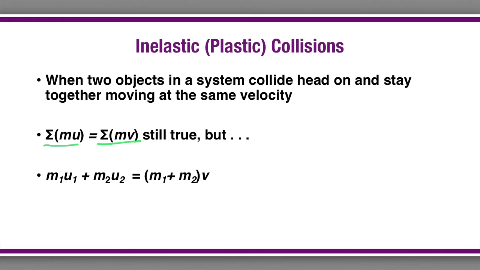However, instead of having two initial velocities for these two different objects, the mass of the objects will then sum together and create a new final velocity together as one system.